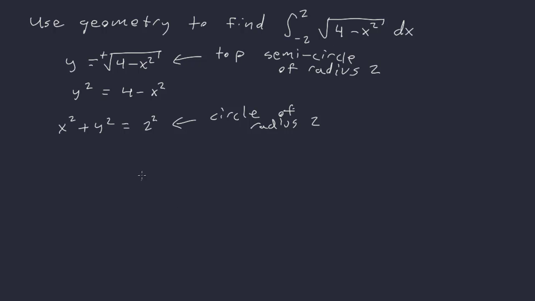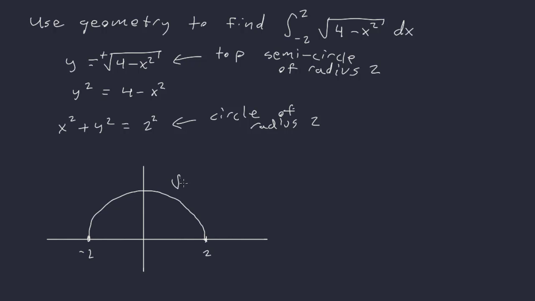Okay, so what we're looking at here is basically from -2 to 2 of this semicircle. So here is our square root of 4 minus x squared. And so the definite integral is this area here.